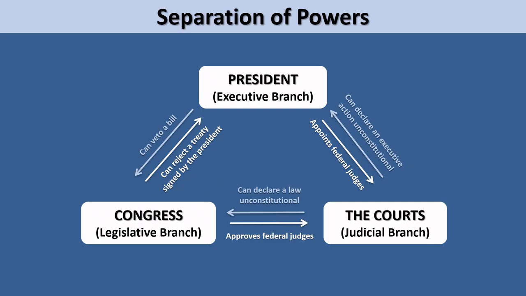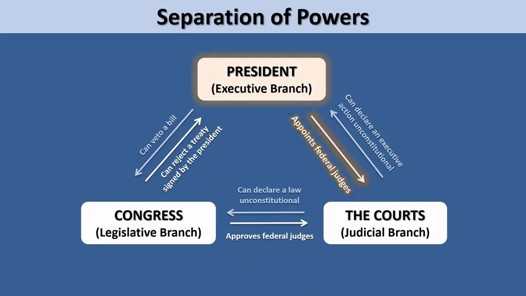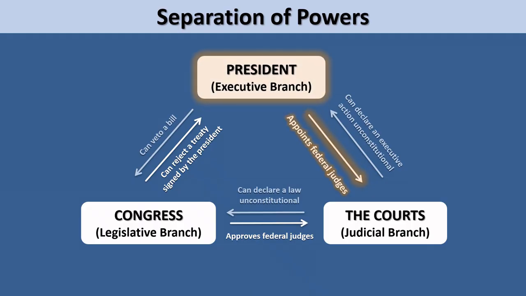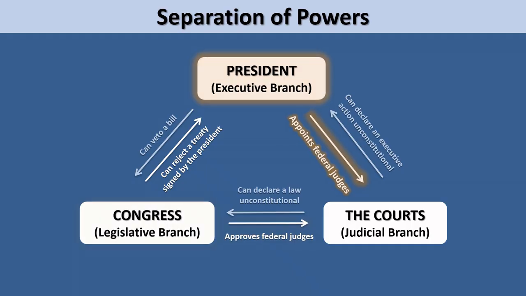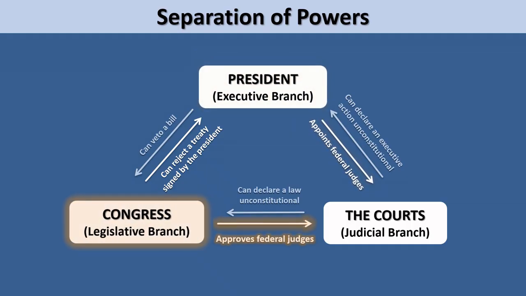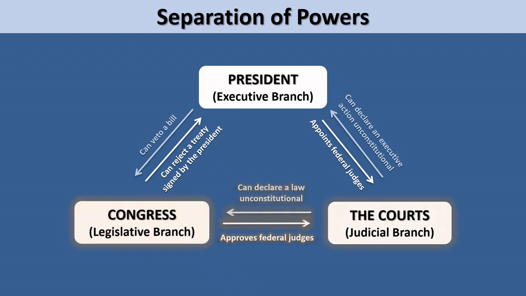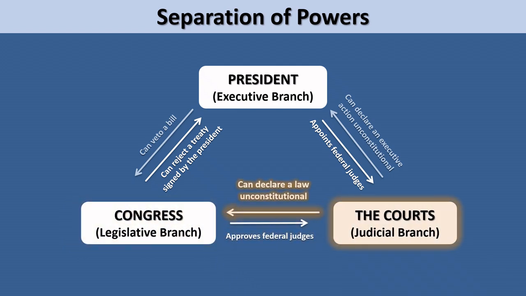For example, the President has the ability, or the power, to appoint federal judges, but only Congress has the power to approve the judges appointed by the President. Congress makes new laws, but if there's any disagreement about whether a new law is allowed by the Constitution, only the courts, or the judicial branch, can resolve that dispute.